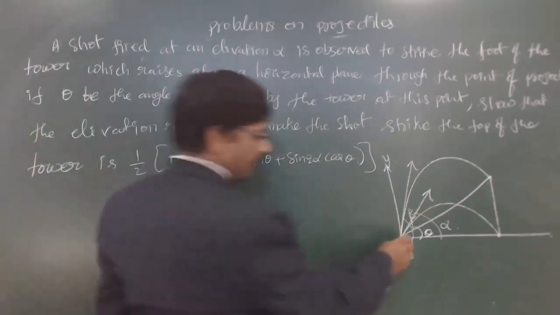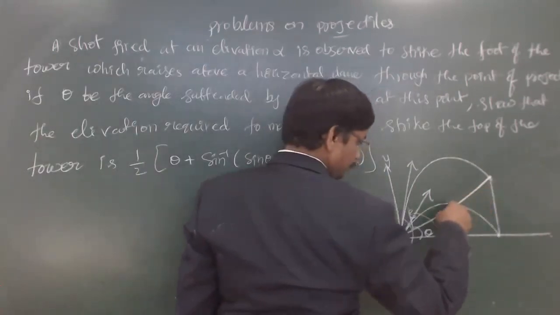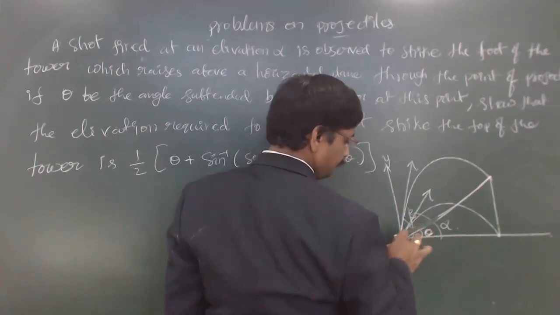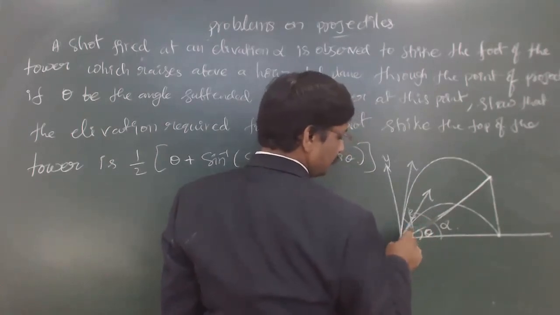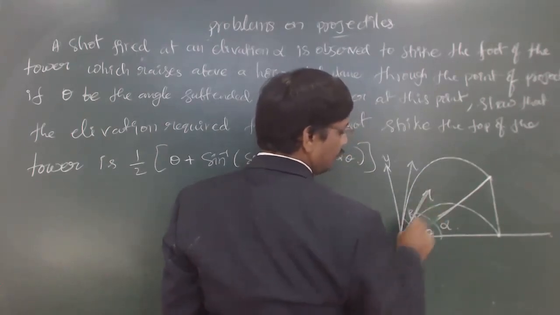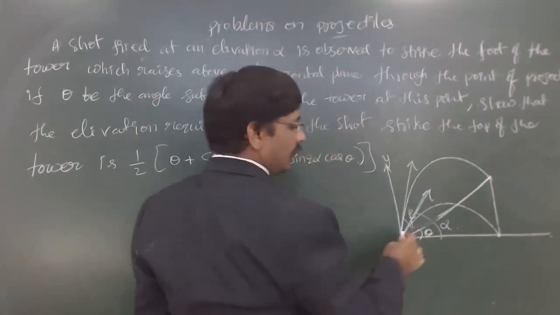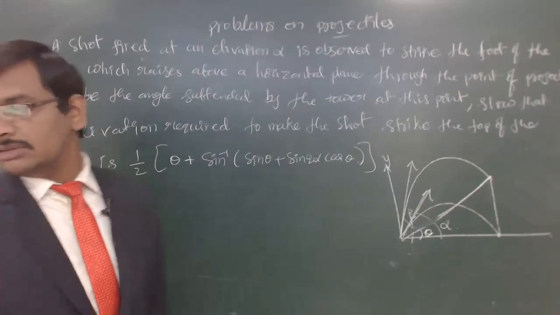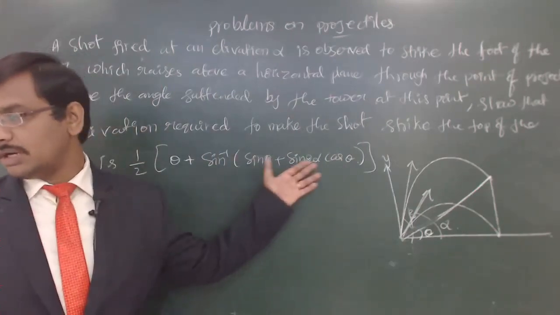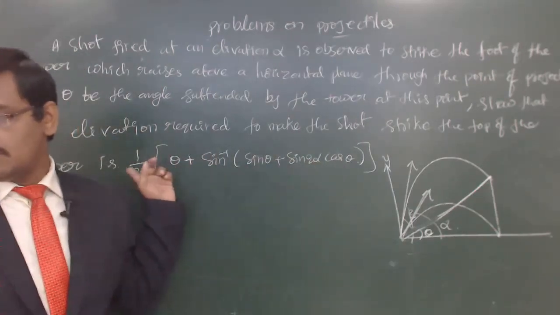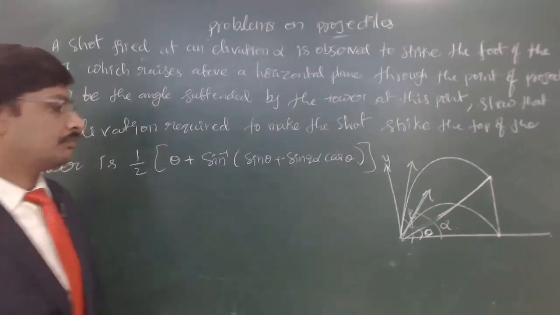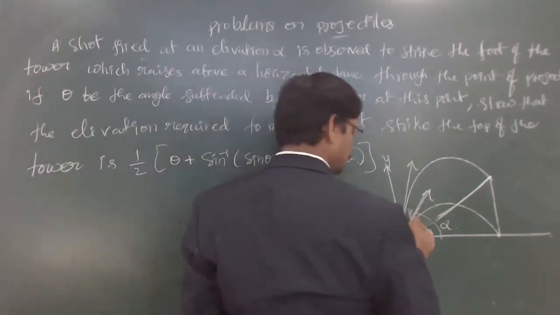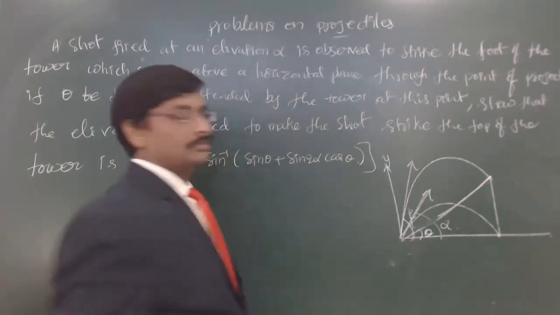So this is theta, and the initial projected angle is alpha when it strikes the foot of the tower, and he wanted to aim at the top of the tower. Then what should be the projected angle? In terms of theta and alpha, we should express the value of beta. Can you try to solve this? I'll give you 5 minutes.